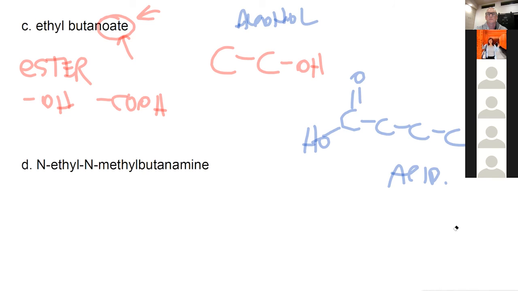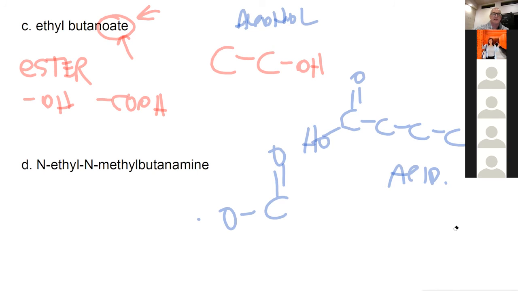So it's just the carbonyl group. So I've got a carbonyl group. And what's connected to the carbonyl group? Your oxygen. An oxygen, right. So I've got an oxygen connected to the carbonyl.